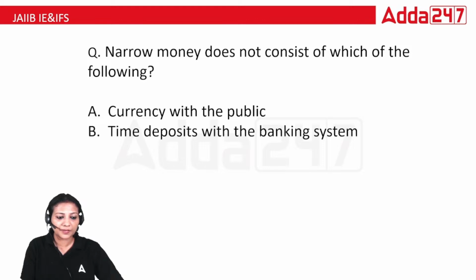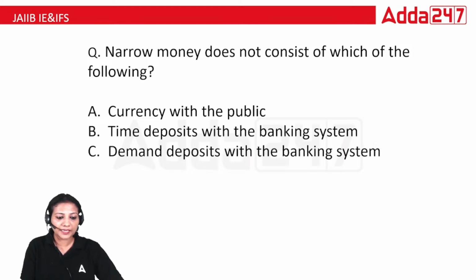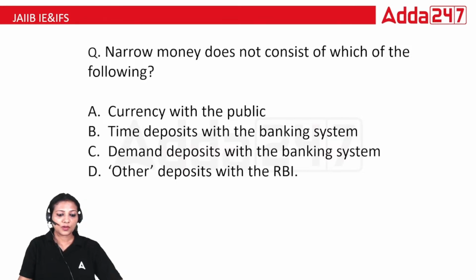Currency with the public, time deposit with the banking system, demand deposit with the banking system, or other deposits with the RBI. We have studied about broad money, reserve money, and M1, M2, M3. So, what is narrow money? And which of these following is not a part of the narrow money?